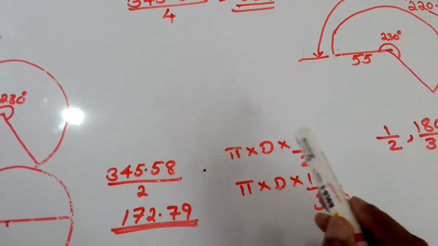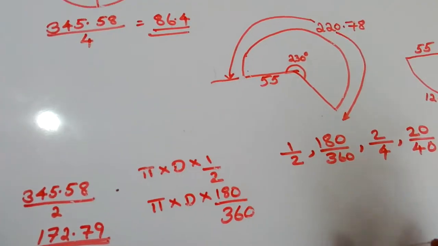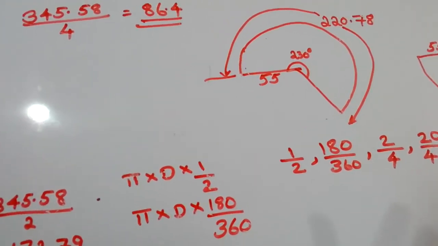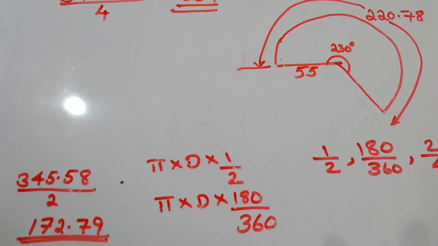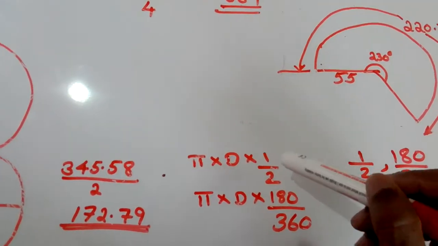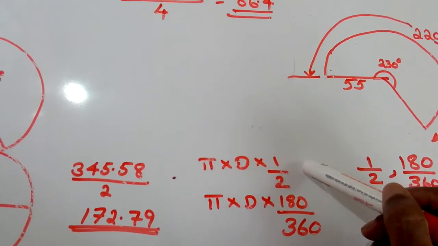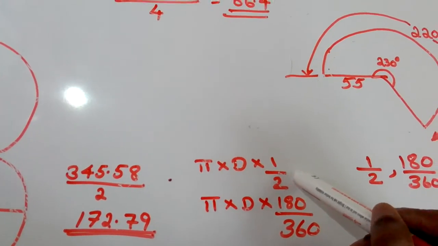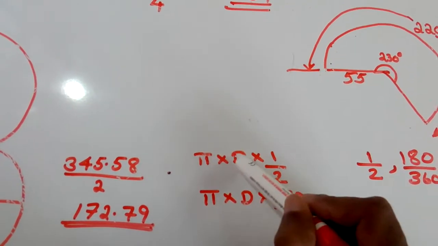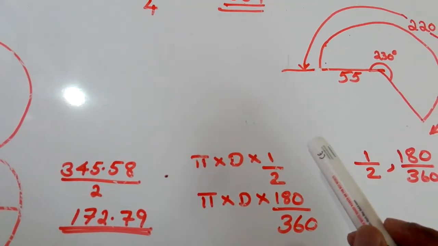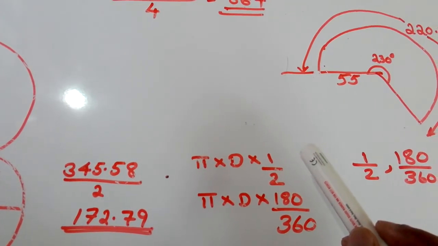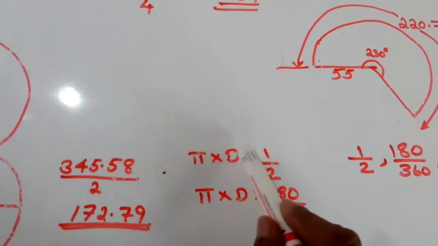The word 1 by 2 and the word 0.5 are the same. Everybody knows it. If you multiply this one with 1 by 2, this 2 comes down of this pi d and 1. So both are the same.